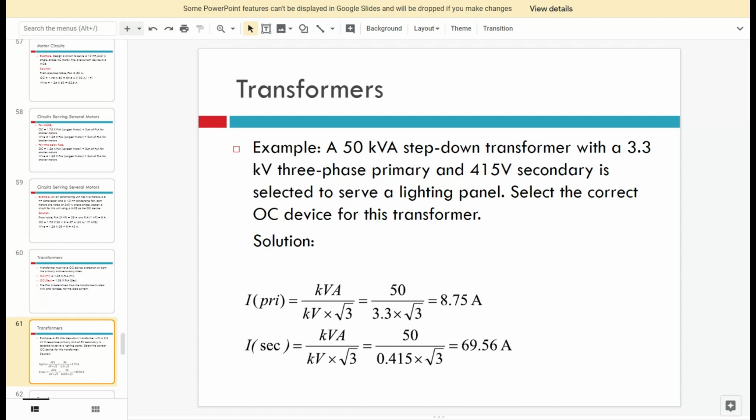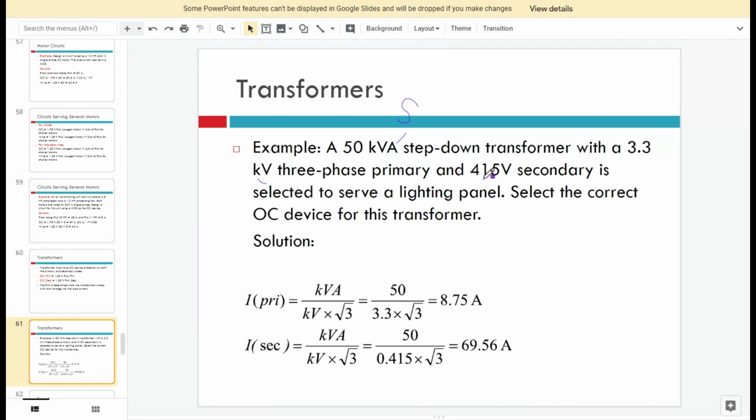So we look at the example. A 50 kVA, this one is S, step down transformer with a 3.3 kV three-phase primary. So the primary side is 3.3 kV and 415 volt secondary.